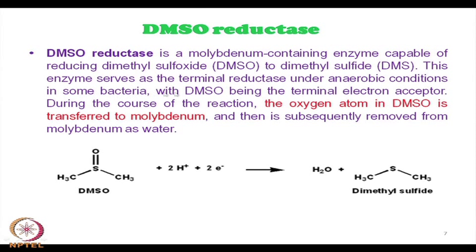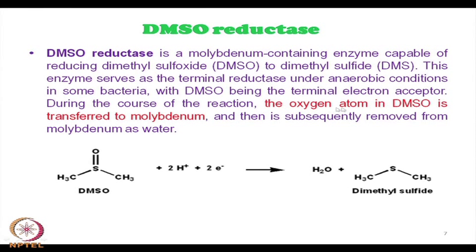So, DMSO is the terminal electron acceptor, accepting 2 electrons and 2 protons. In any biological reaction chain, sometimes we require a substrate which can function as a very good electron acceptor.